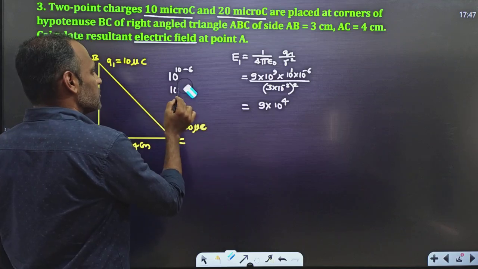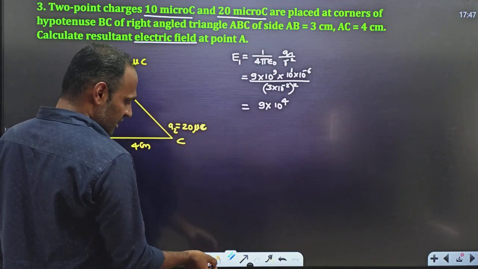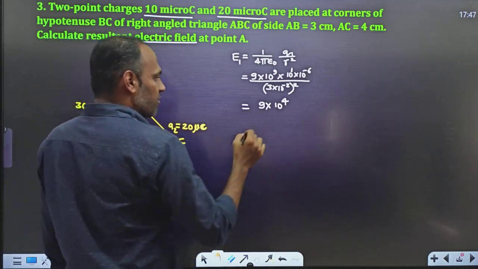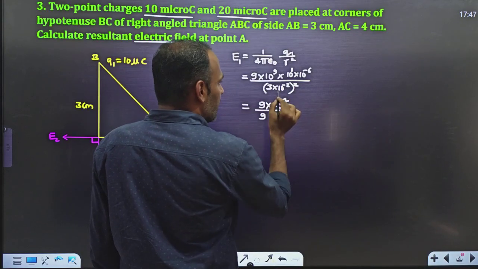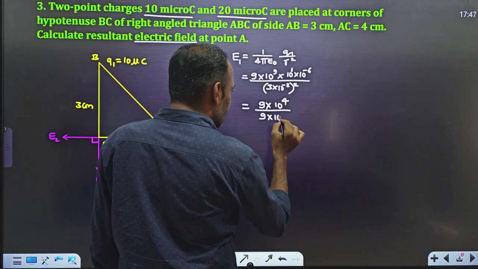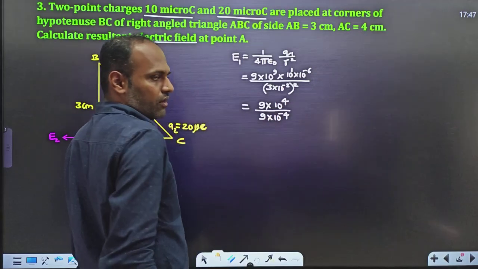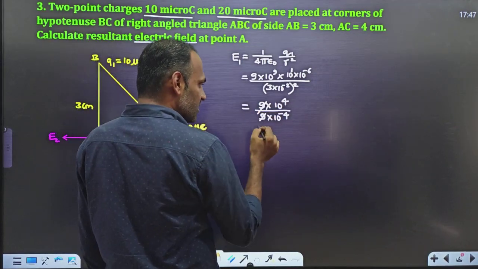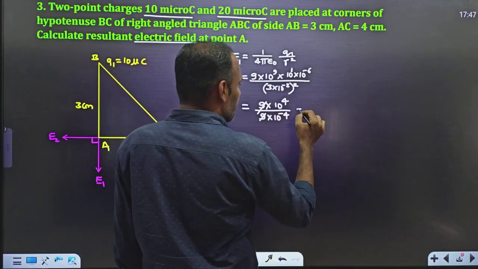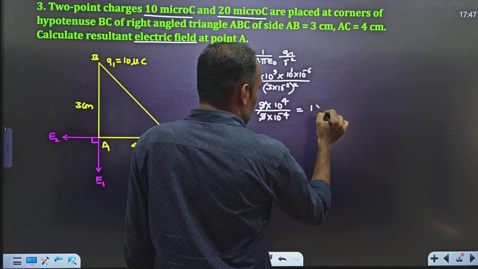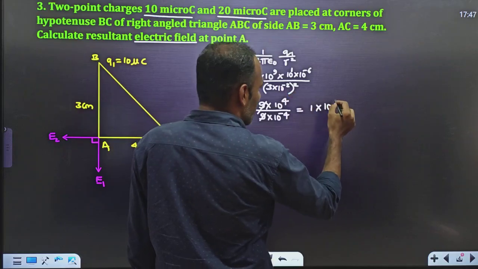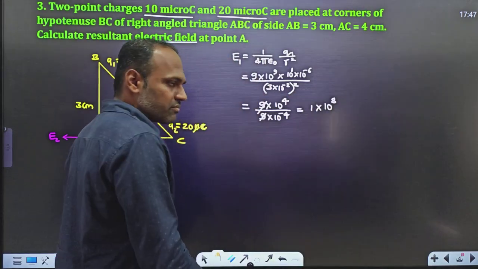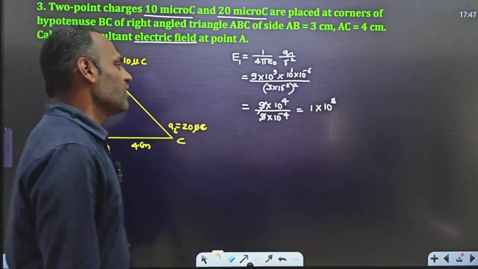The bigger sign is positive: 10 sign positive, 6 sign negative, so positive. Divided by 3 square, it will be 9. 10 raised to minus 2 square will be 10 to the power minus 4. 9 and 9 will get cancelled. If this 10 to the power minus 4 comes to the numerator, it will become 10 to the power plus 4. So 1 into 10 to the power 4, and this 4 will get added to that. It will be 10 to the power 8.